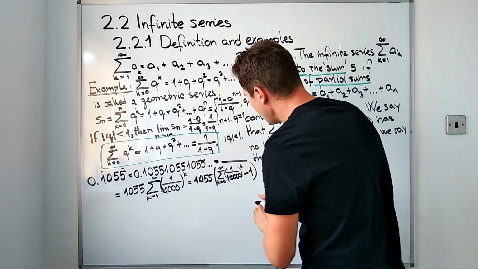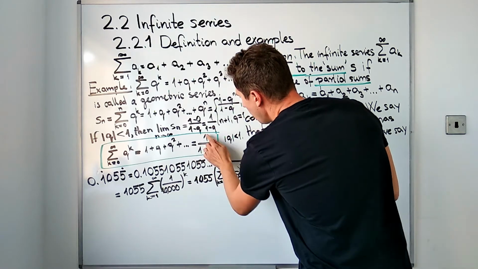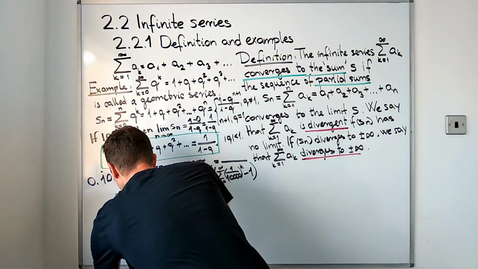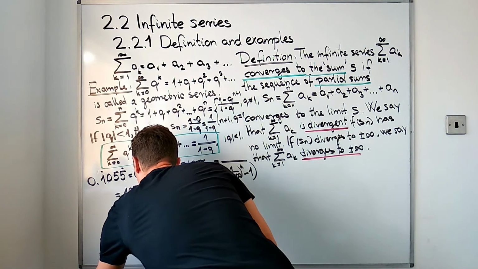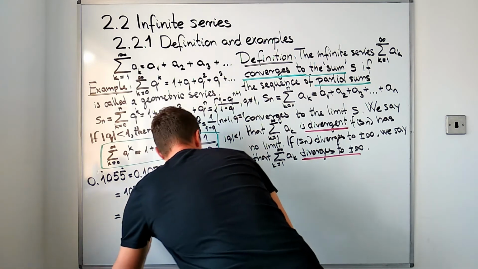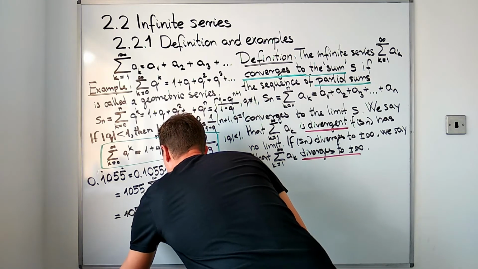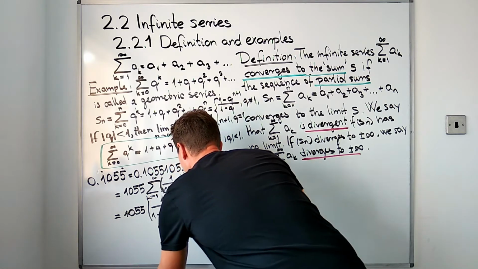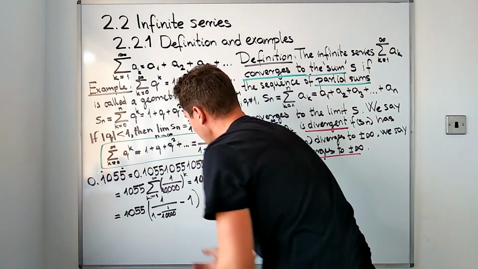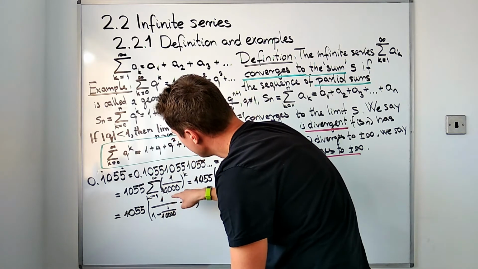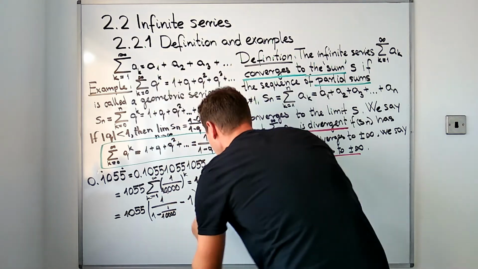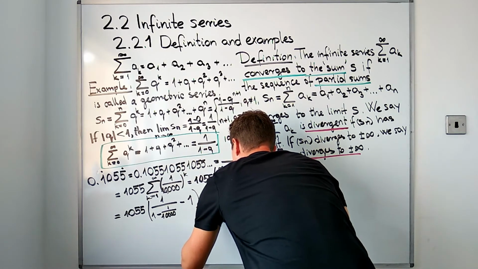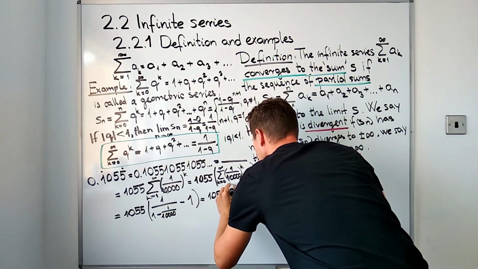Now I can simply say that this infinite sum here is 1 divided by 1 minus 1 over 10,000. If I do that, what I'll get is 1055 multiplied by 1 over 1 minus 1 over 10,000, minus 1. If I calculate this, this is 10,000 over 9,999 minus 1. Let me just give you the partial results.